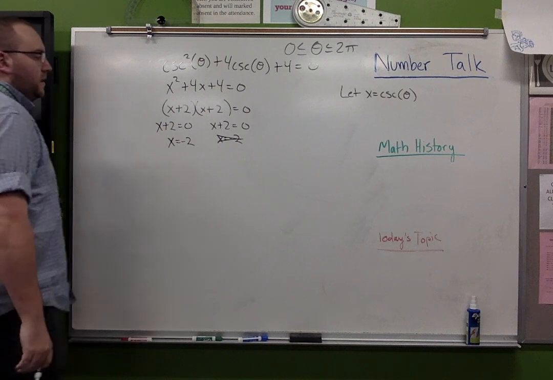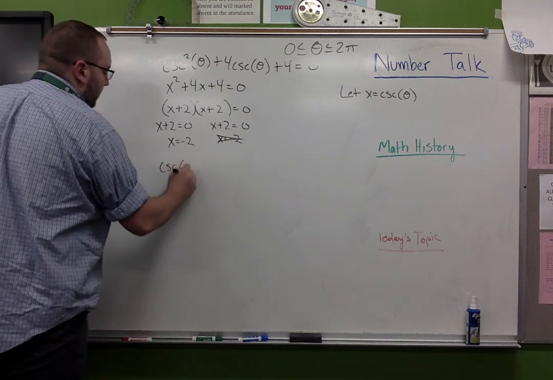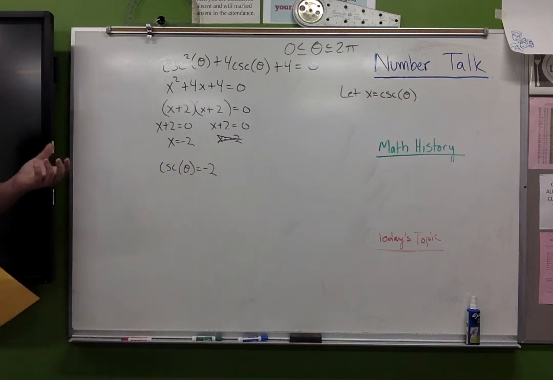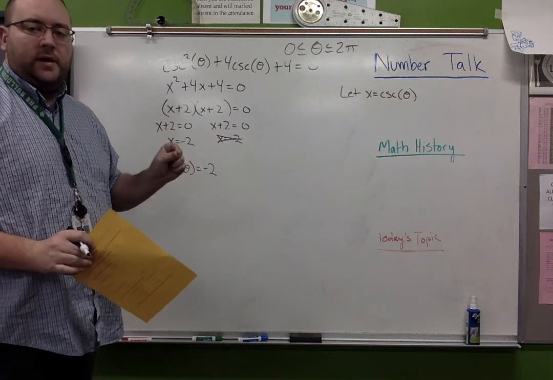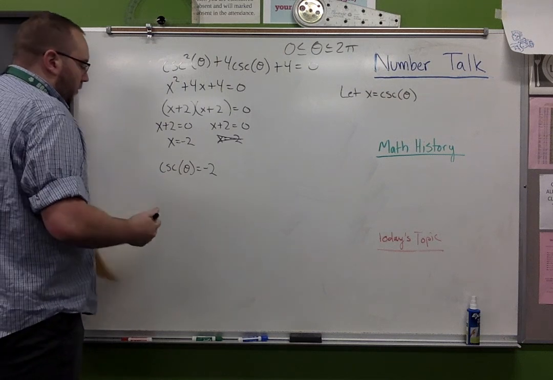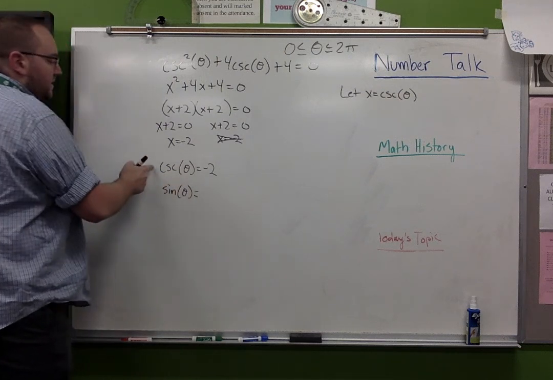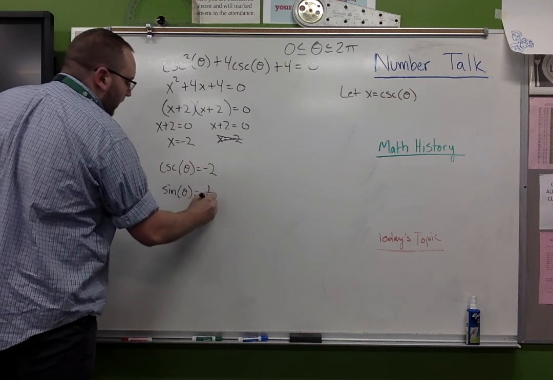Since we have the same solution, I only need to do it once. So cosecant of theta is equal to negative 2. Now, cosecant isn't on your unit circle, I mean, it's on it, but you don't have it written down. So let's switch it to sine. We'll take the reciprocal. Sine is the reciprocal of cosecant, so I'm going to take the reciprocal of negative 2, which is negative 1/2.